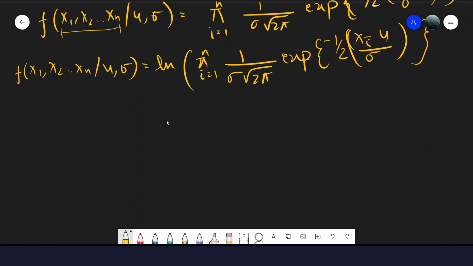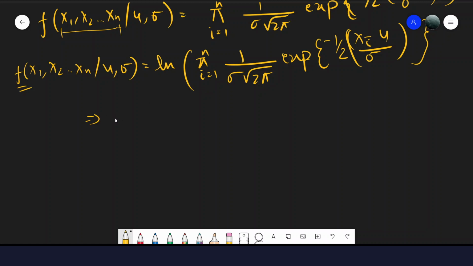Now I'll simplify this a little further. If you take the logarithm, the product becomes a sum.